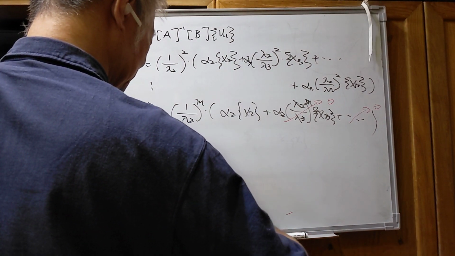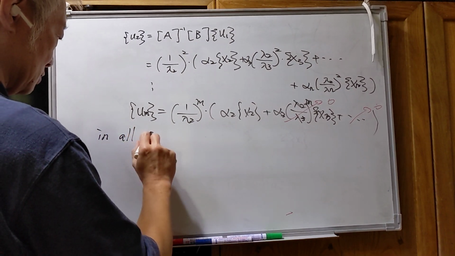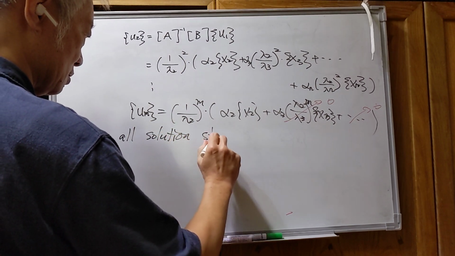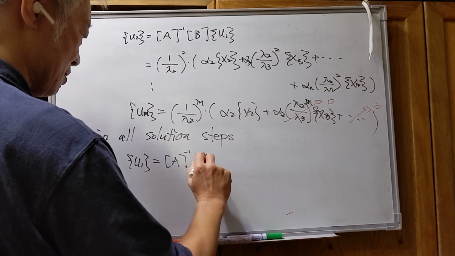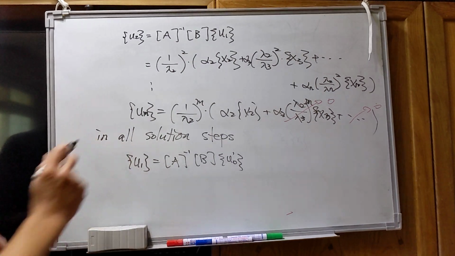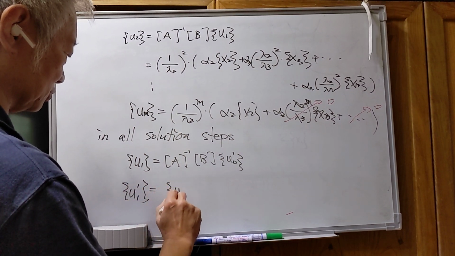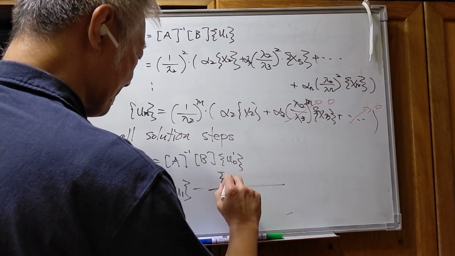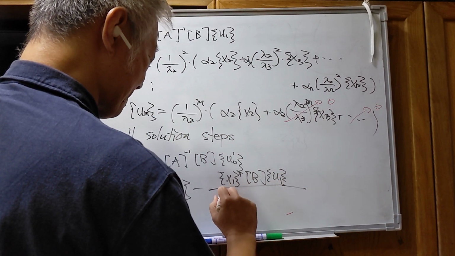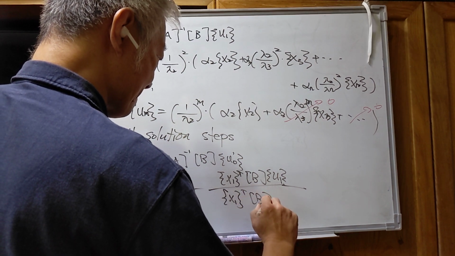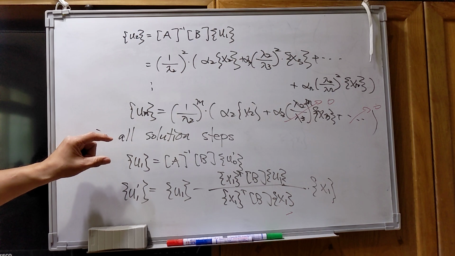After we got u1, for example u1 is equal to A inverse B u0 prime, we need to calculate u1 prime, which is equal to the obtained u1 minus the x1 component.